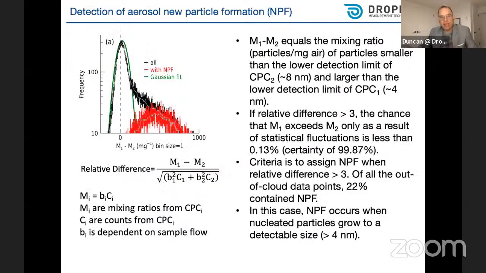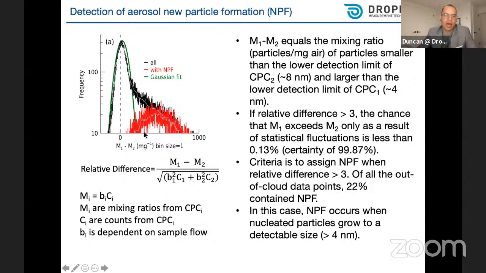So this is exactly what I did in the first step of the work, was to identify newly formed particles by taking the difference between the particles in channel 1 and those in channel 2. So that means the difference between the particles greater than 4 nanometers and the particles greater than 8 nanometers.